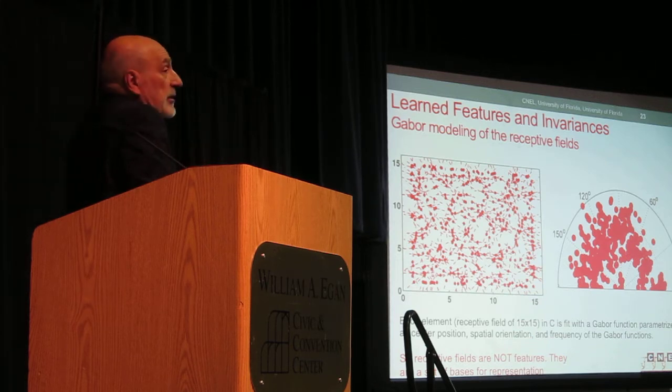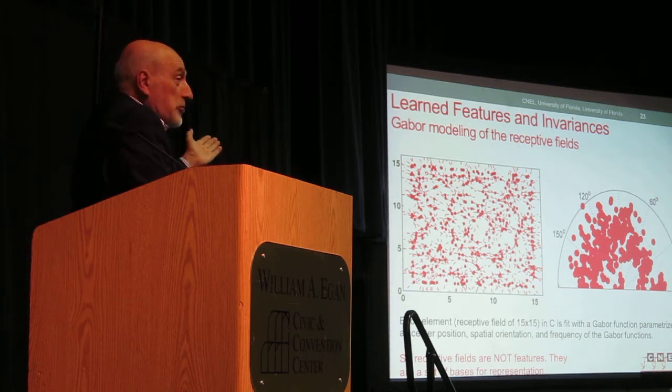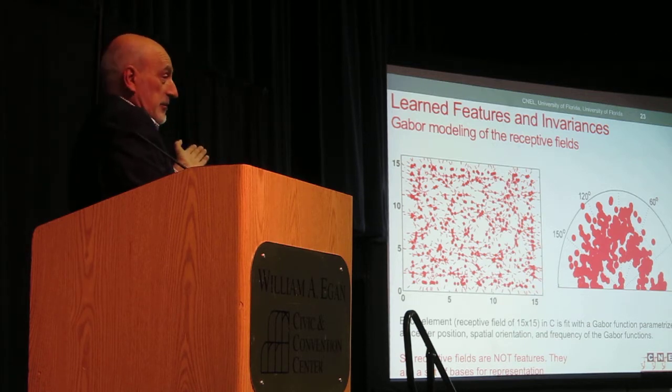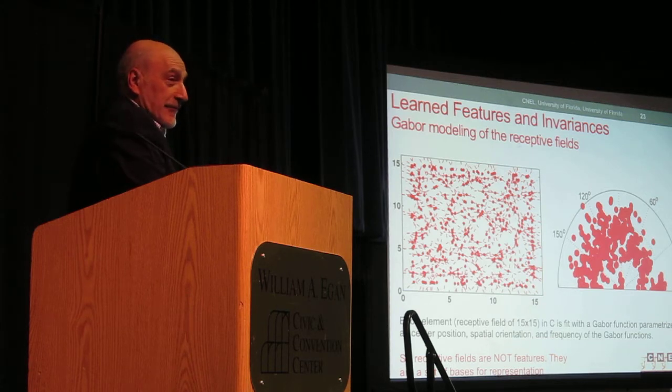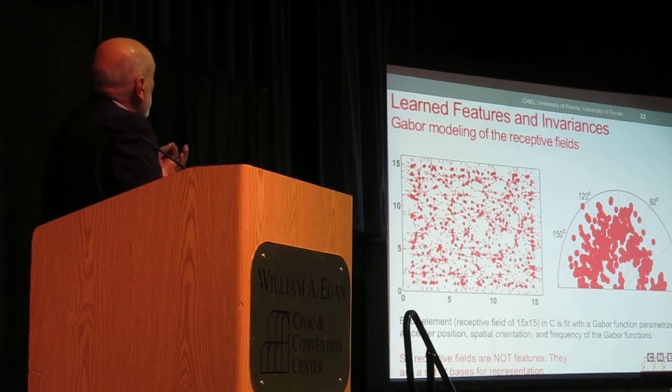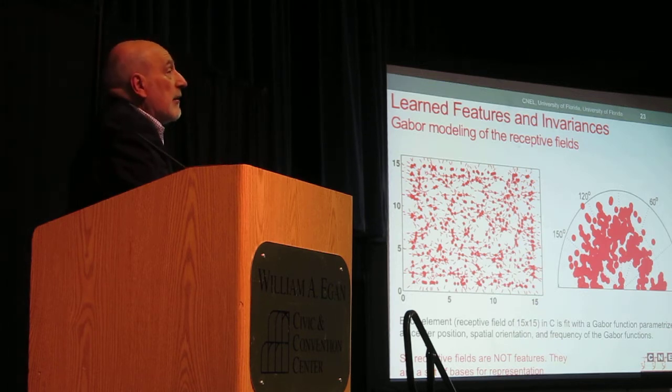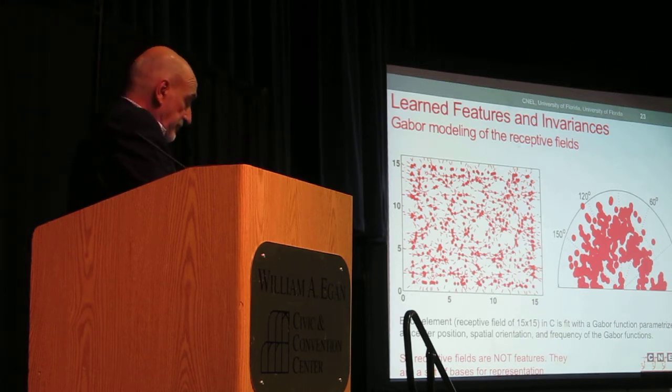After that, we realized that we don't really need to train these parameters again, because they fill the space. This is very interesting, because it gives us immediately the ability to do transfer learning, if you will.